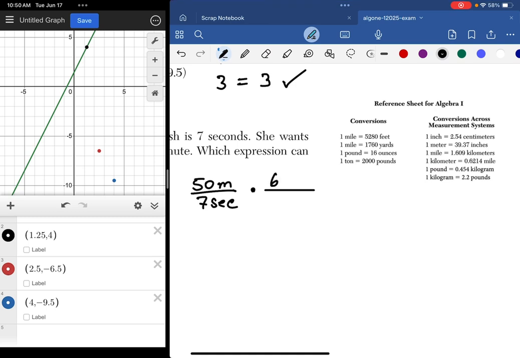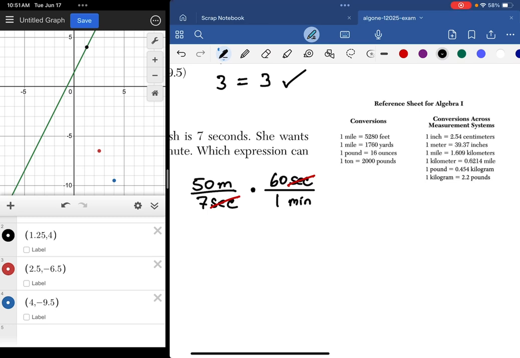So I would put 60 seconds up top and 1 minute down in the bottom. These two things are equivalent to one another, so it's just like multiplying by 1. You're not changing the value of the fraction. But I get rid of the seconds units, just like I would if I were simplifying a fraction, where I cancel out and reduce my fraction down. So now I'm down to 50 meters per 1 minute.